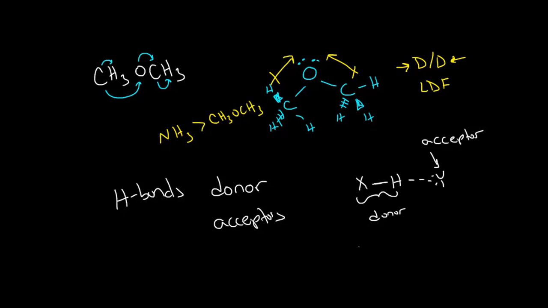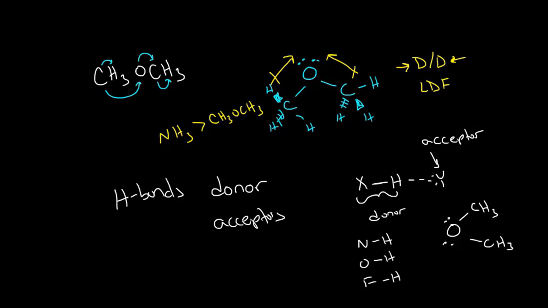So if anywhere in your compound you see an NH, an OH, or an FH, then this bond is a hydrogen bond donor. But some compounds are able to hydrogen bond even if they don't have one of these bonds. All right, so if you have something like dimethyl ether, here we have oxygen with lone pairs, making it able to reach out and accept a hydrogen bond.